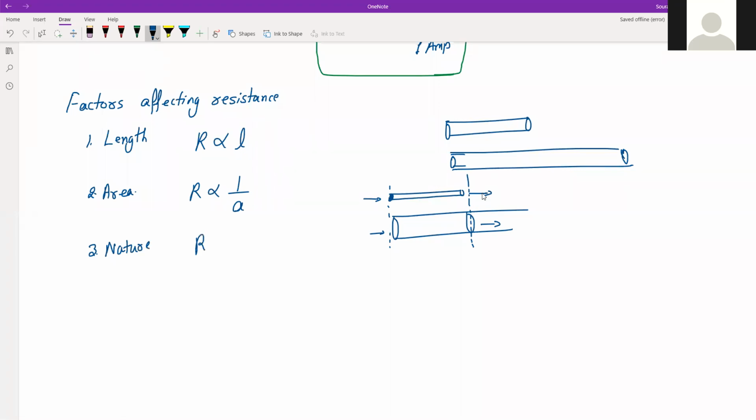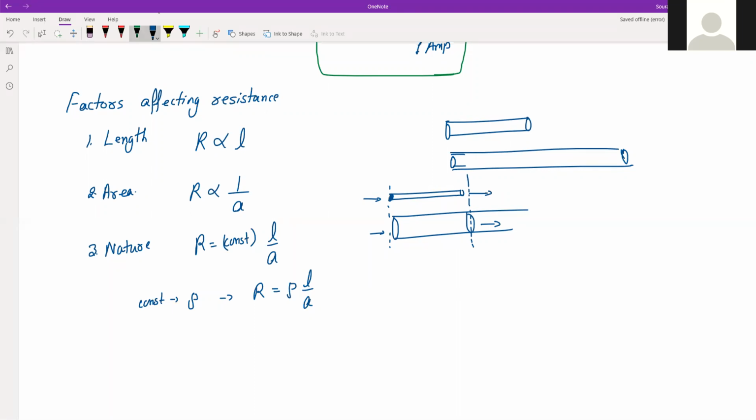So we say that R is equal to some constant into L divided by A. And what is that constant? That constant is rho, and we will see what rho is. For the time being, R is rho L by A, where A is the area of cross section.